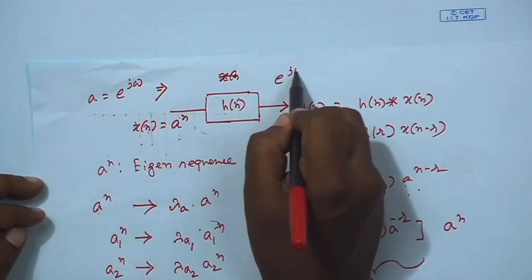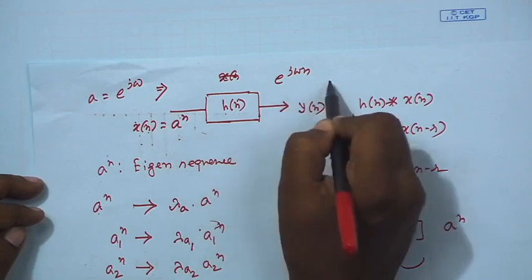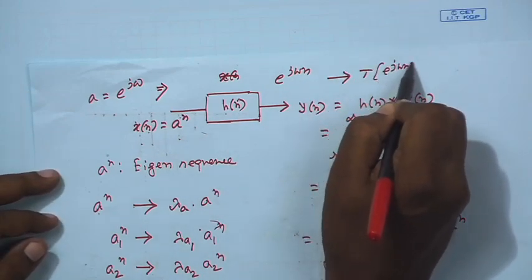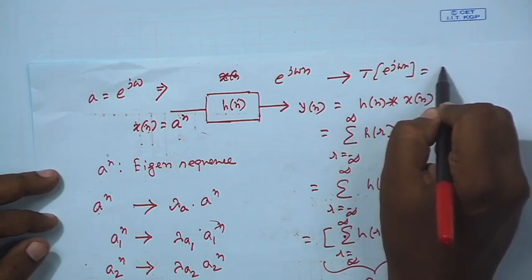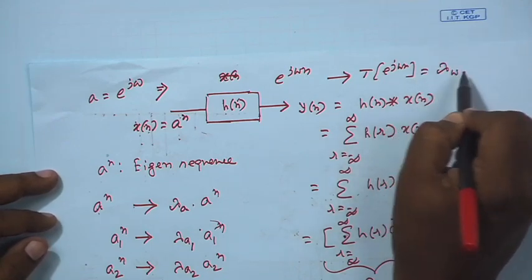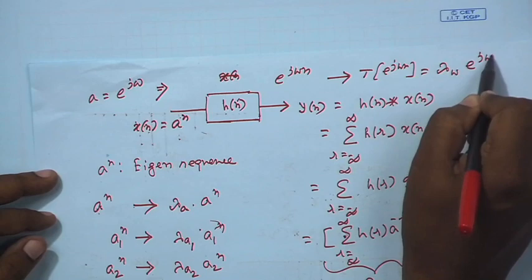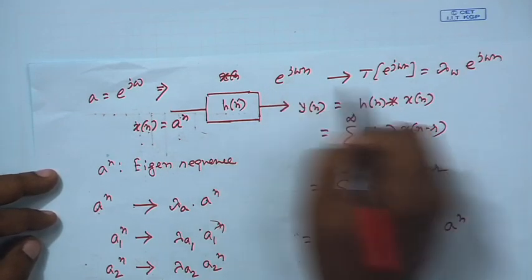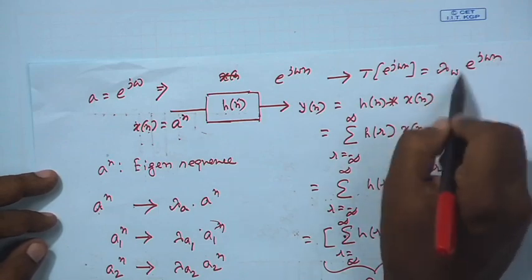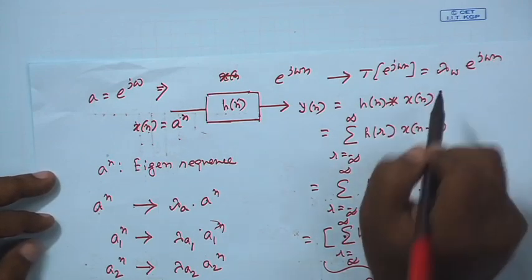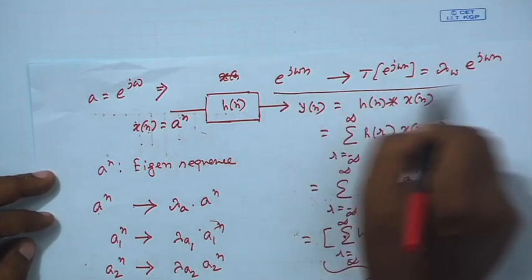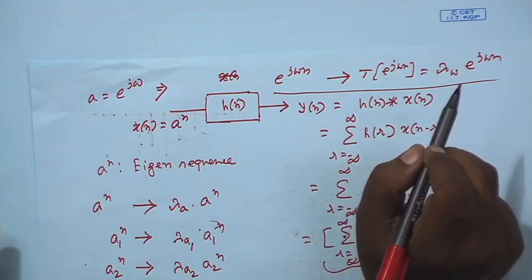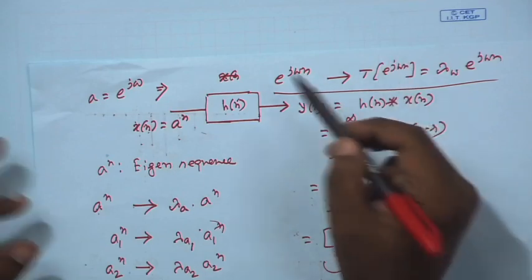You are giving e to the power j omega n as the input, and you are getting T working on e to the power j omega n as output, which will be some lambda, maybe a function of omega, times e to the power j omega n, because it is an eigen function. It is of the form a to the power n, where a is e to the power j omega, so a to the power n comes back with lambda of omega.